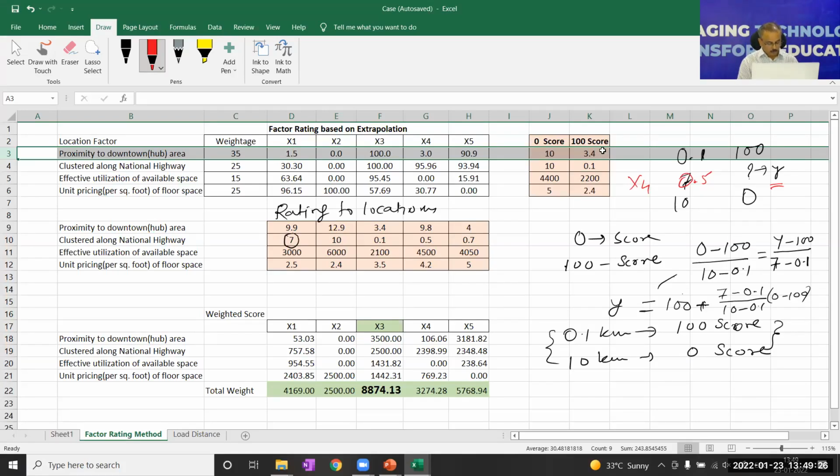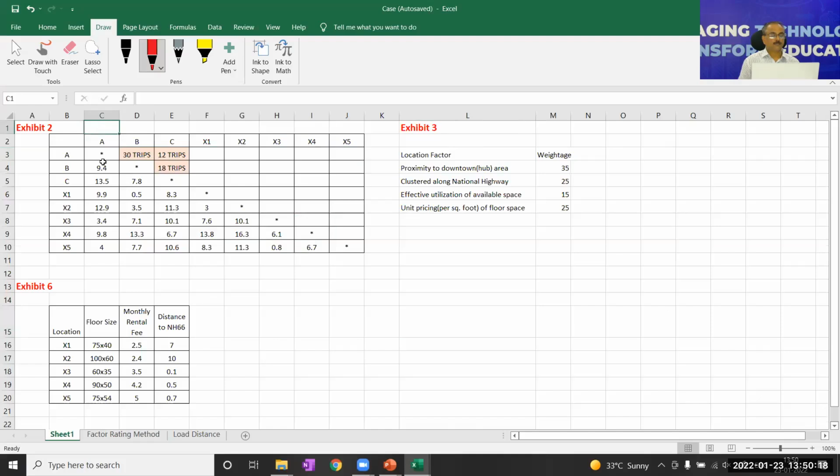If you look at the data in exhibit number 2, as far as the proximity to downtown area is concerned, look at column 1, that is column A, because this is what will represent the downtown area.